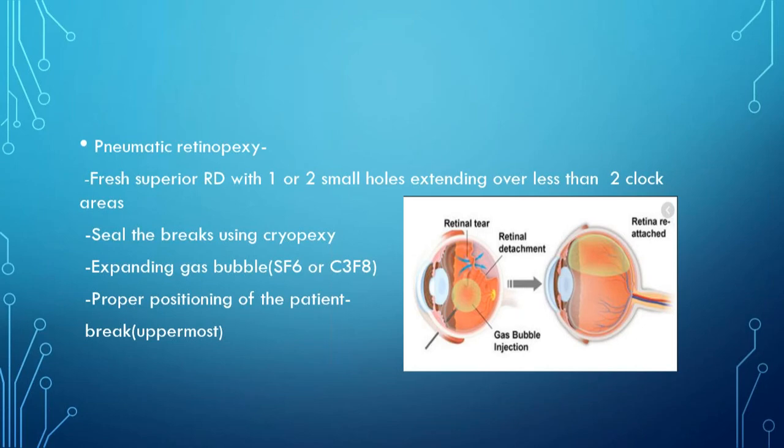Write notes on sympathetic ophthalmitis. And the sixth question is formation and drainage of aqueous humor and methods of measuring IOP. I'll repeat the sixth question. Formation and drainage of aqueous humor and methods of measuring intraocular pressure.